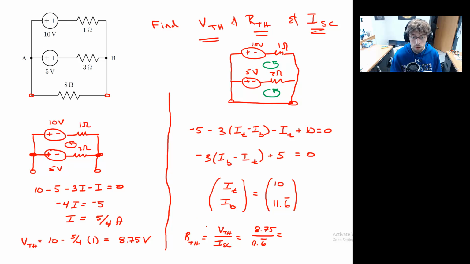And lo and behold, I guess this shouldn't be a surprise, we have 35 fourths. 35 fourths divided by 35 thirds, and so we get 3/4 of an ohm. Cool. So it works either way. In fact, whichever way is easier for you to calculate, go that way.